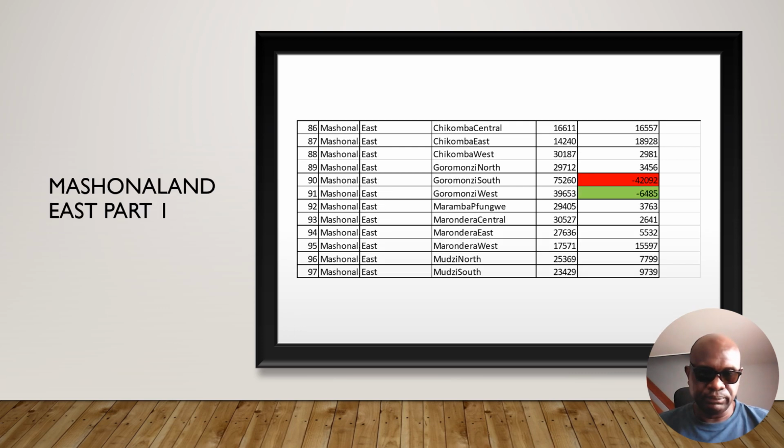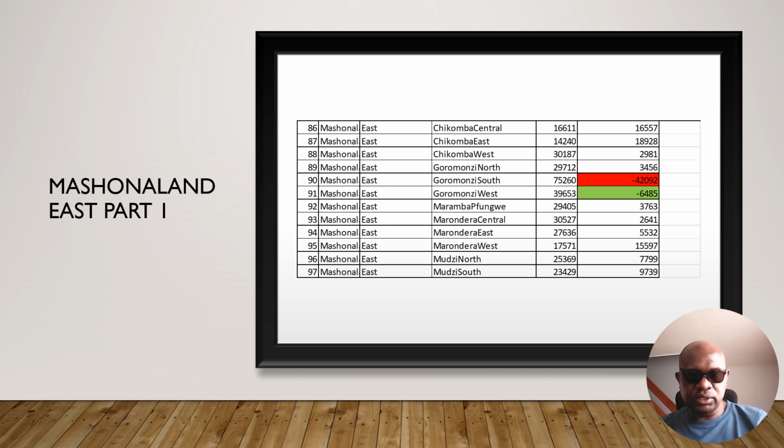Then Mashonaland East Part 1. Also, there is nothing more that I can say except one red here, where you can see that you could actually form another constituency out of the numbers that you have there.